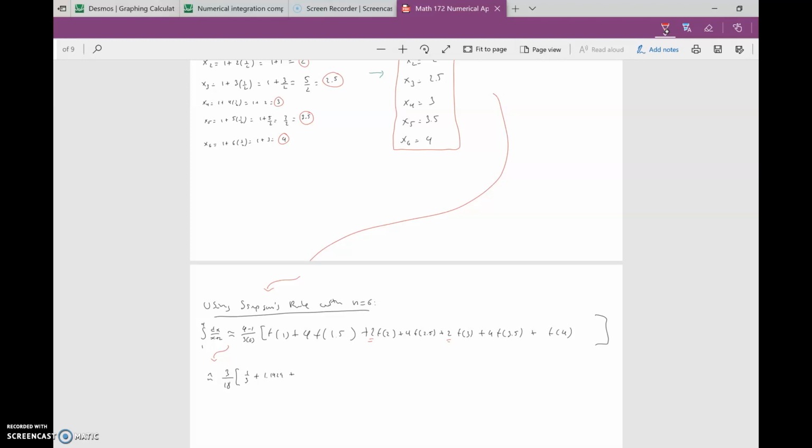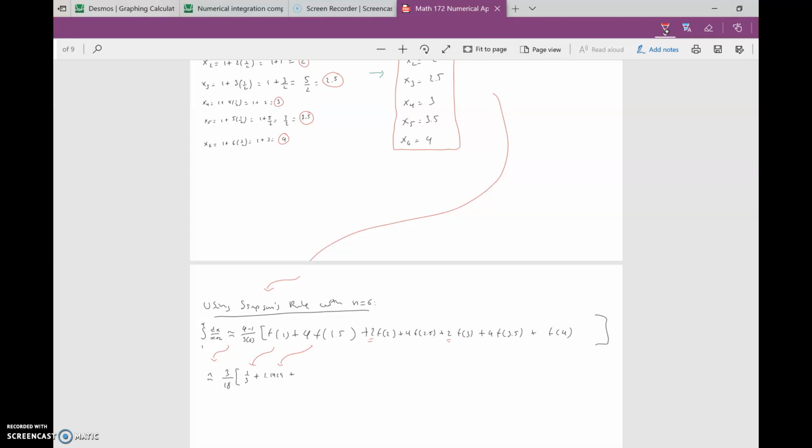And then the next value, so this is what I'm obtaining for f of 1. This is 4 times the function evaluated at 1.5. Then the next one is going to be 2 times the function evaluated at 2.